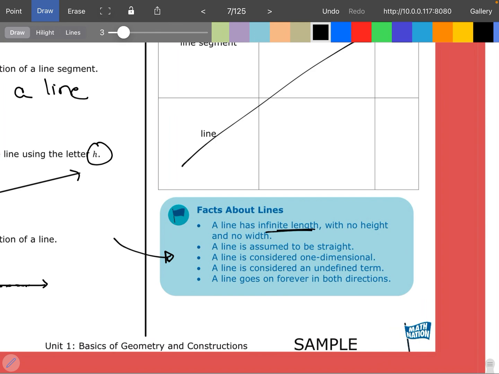A line is considered an undefined term. We're going to look at that a little more in the next lesson, meaning that we can describe it, we can attribute characteristics to it, but we really can't define it unless we keep trying to use the word line in the definition. And again, we know that the line goes on forever in both directions.